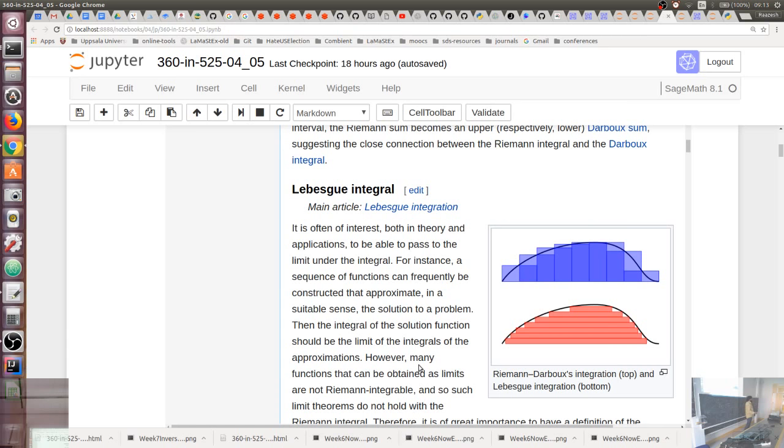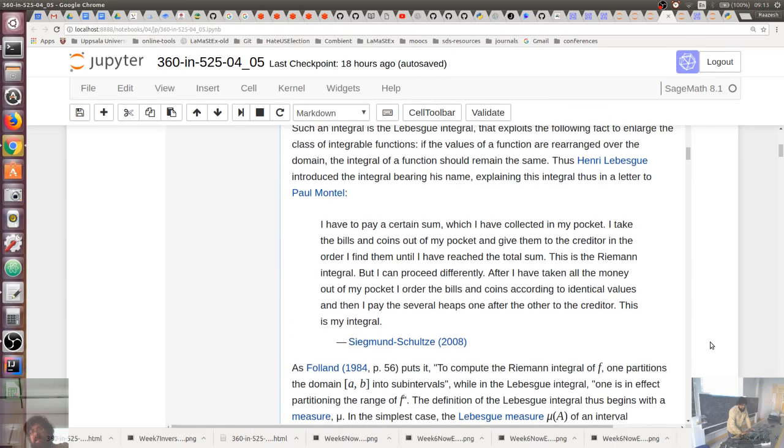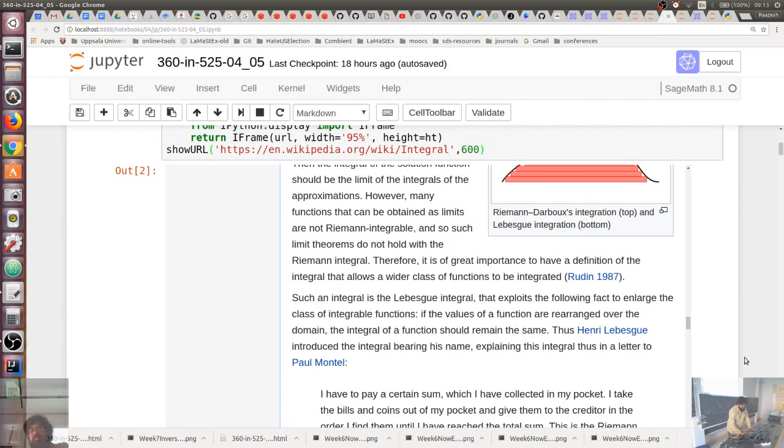Then you construct the integral this way: you multiply the height by the size of all these unions of intervals in the inverse image. That's the Lebesgue integral, and it's more general. It's got a lot of properties, and we don't want to get too much into it, but that's essentially how you mechanically understand the integral.